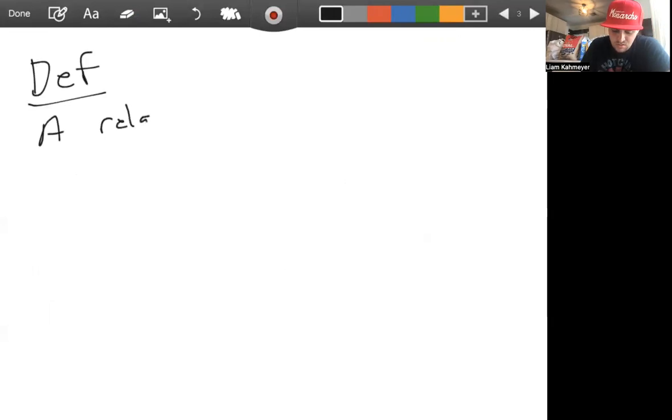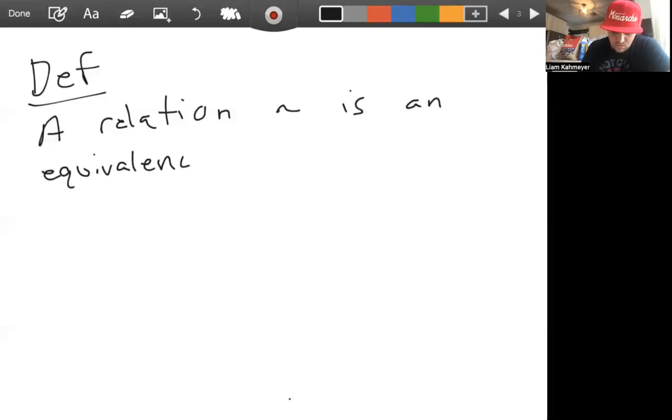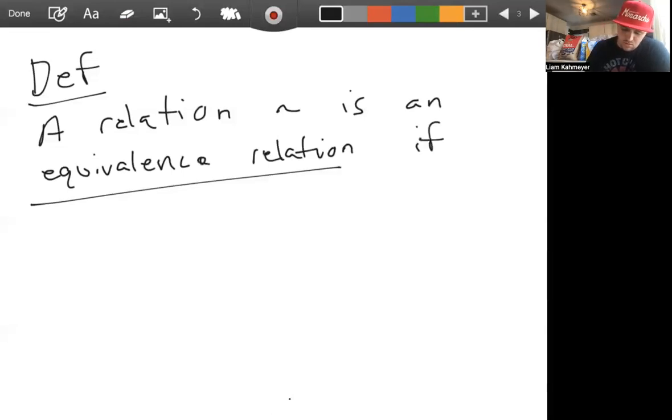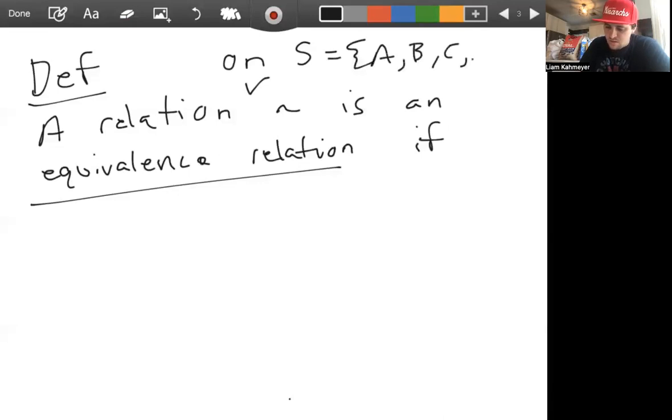A relation, squiggle, is an equivalence relation on a set S with elements like A, B, C, etc., maybe finite, maybe infinite, whatever.